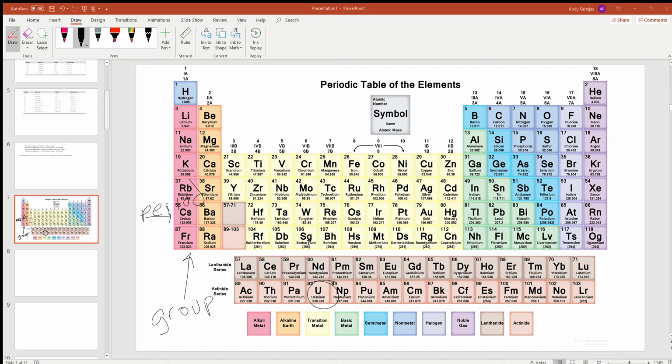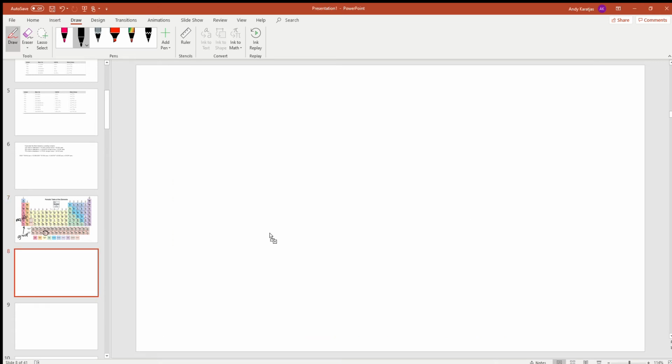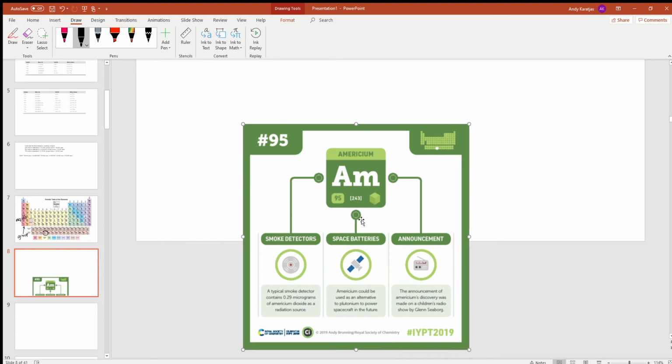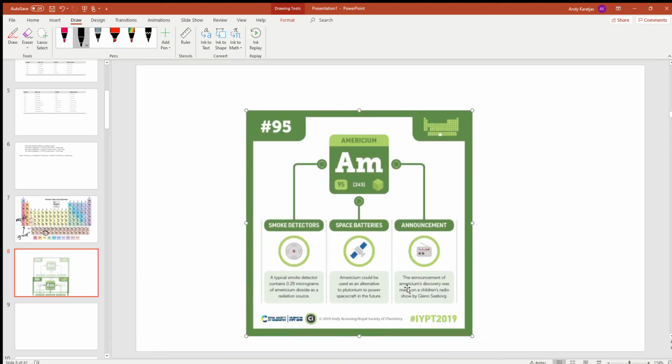Some of these higher number elements, again, even though they have to be synthesized. So for example, element 95 here, americium, is actually a fairly commonly used substance. As you can see here, we find americium in very, very small quantities.